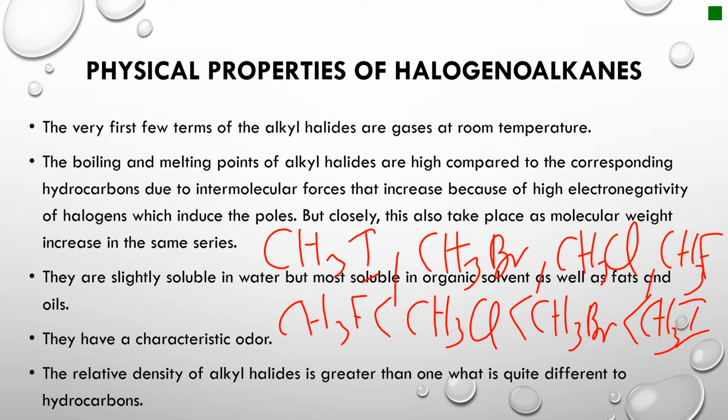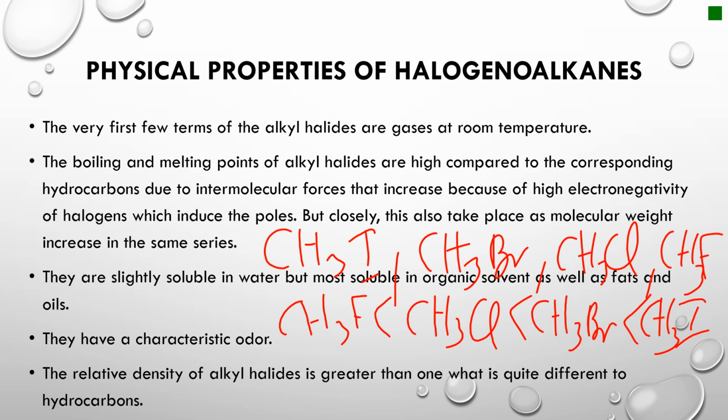That's why fluoromethane has the lowest boiling point, and iodomethane has the highest boiling point. The alkyl halides have a characteristic order, and this is due to the halogens they contain.